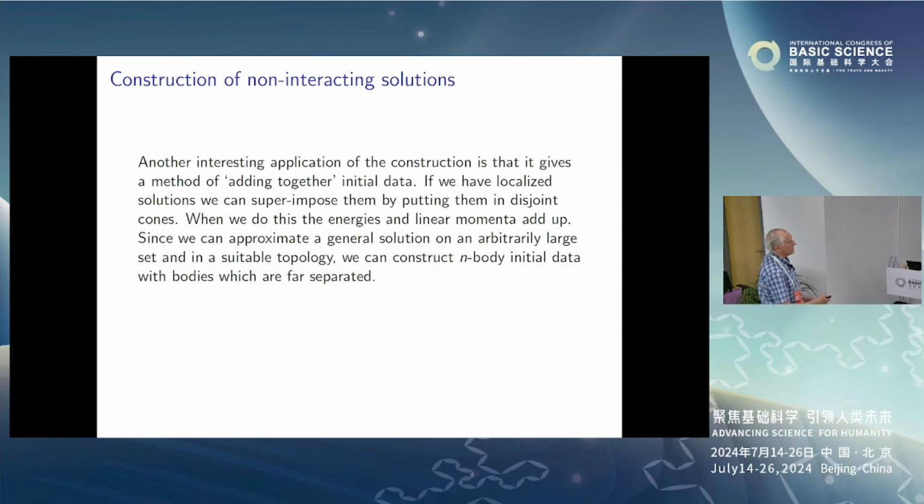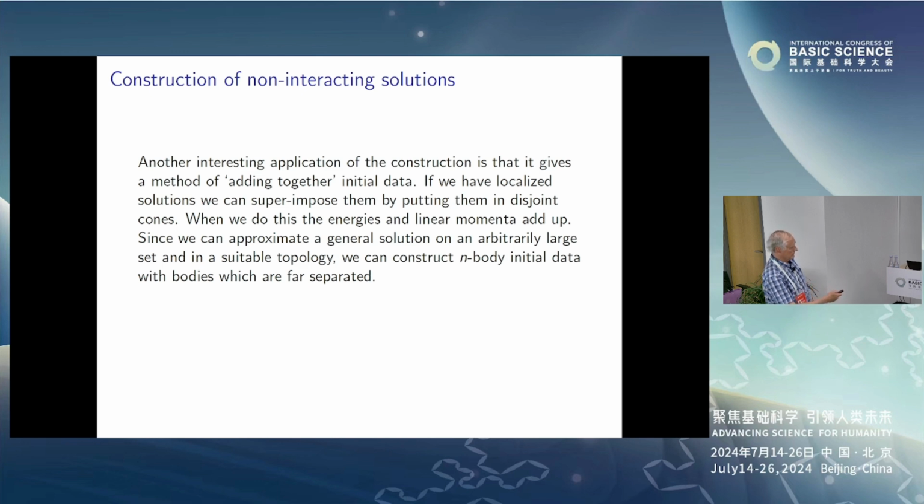Okay, and so there are various applications of this. One is that you can construct solutions of the vacuum equations which are non-interacting. So you can take these localized solutions in a cone, and you can put two of them together, and you produce a new solution which in fact is a perfectly good solution of the initial data problem.